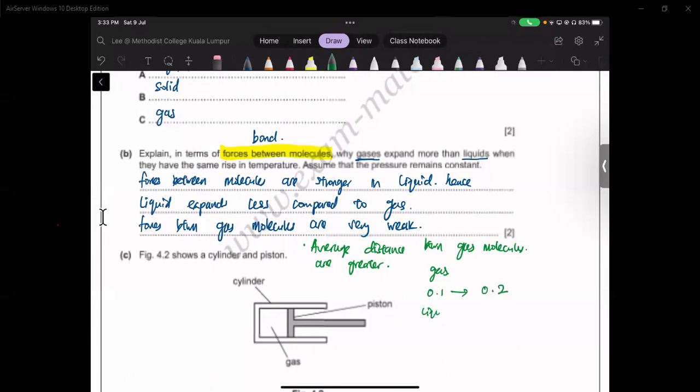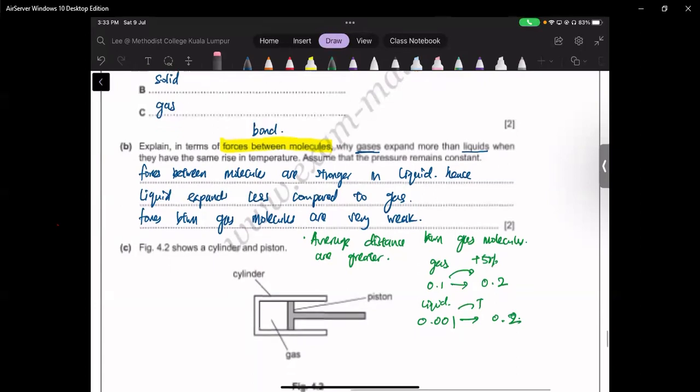Whereas for liquid, it may be 0.001. Here to here, we add 50%, right? But if I want this to match 0.02, I need to add a few hundred percent. So that's what they're saying. Average distance between gas molecules is greater.